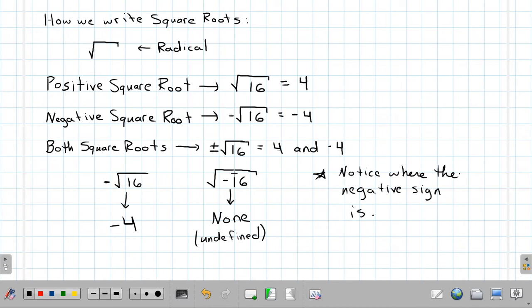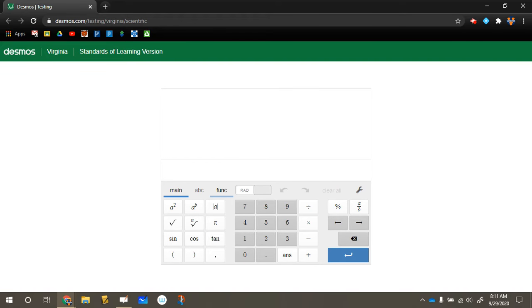If the negative's on the inside of the square root, that's actually not even a number. You need to be concerned with it because you need to know this isn't actually a number. This isn't anything we can calculate. And let me go ahead and show you what I mean by looking at the calculator.